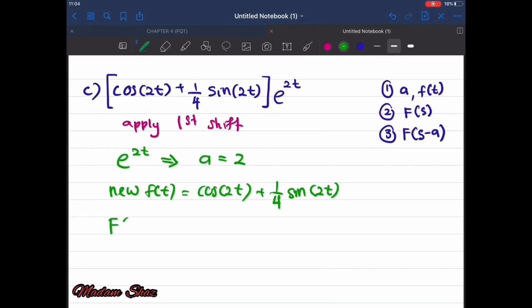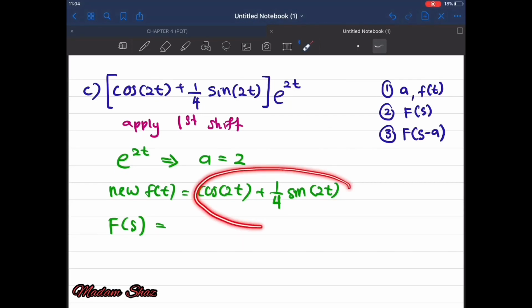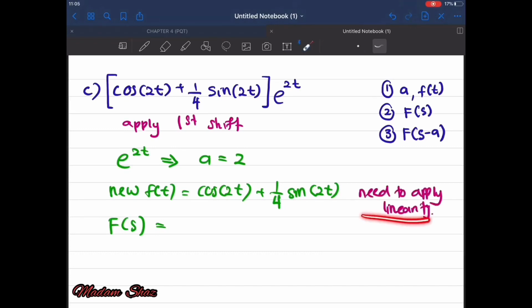So F(s) is the Laplace transform of cos 2t plus 1 over 4 sin 2t. We know that when you have the plus or minus operation in the middle, we have to apply linearity. Applying linearity means that you bring any constant to the outside.